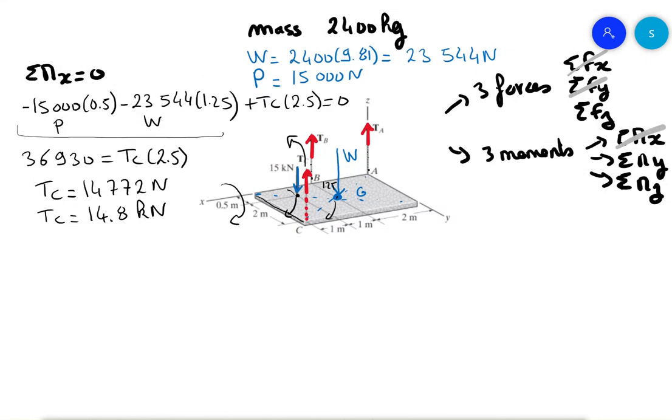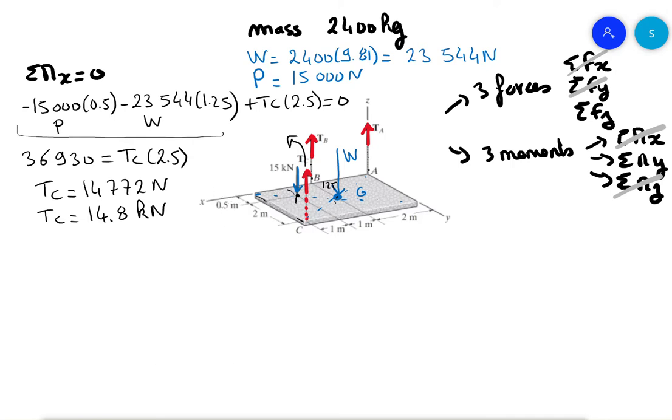Okay, for the force on Z, we still have two unknowns left, TA and TB. So we have moment about Y and moment about Z. Moment about Z, we will not have any equation for moment about Z because all our forces are parallel to the axis Z, so they don't create any moment about Z. But when we do the moment about Y, let me clean this a little bit.